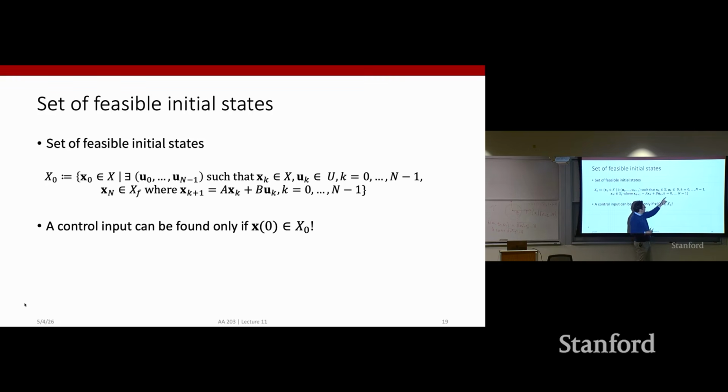By feasible, I mean that each control u k belongs to capital U, such that the evolution of the state trajectories stemming from the application of this control sequence gives rise to states that are feasible at all times, and such that the terminal state belongs to the desired final set. So this is the set of initial conditions for which the optimal control problem has at least one solution. A control input can be found only if our current state belongs to this set.